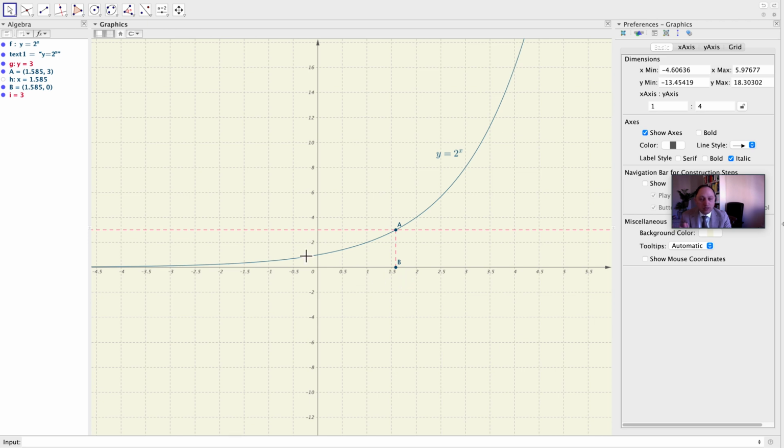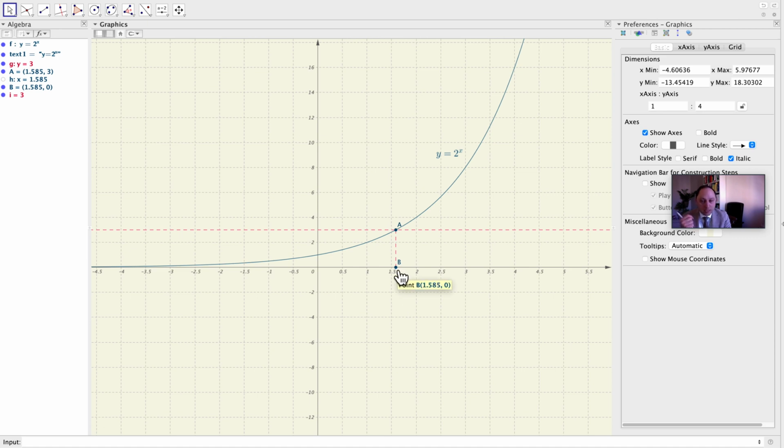Do you think by this method I can get more than one point B? No, because of the behavior of the function. The function is monotone. It's going up, up, up. There is no returning back. So when I draw a horizontal line, I will get exactly one intersection point. This is guaranteed that I will get an intersection point, and also guaranteed that I will not get more than one.